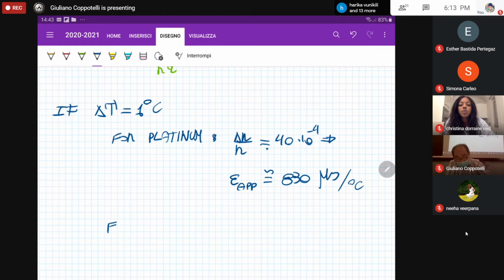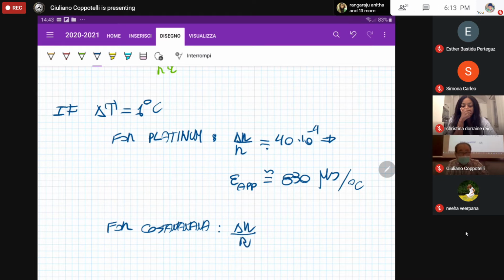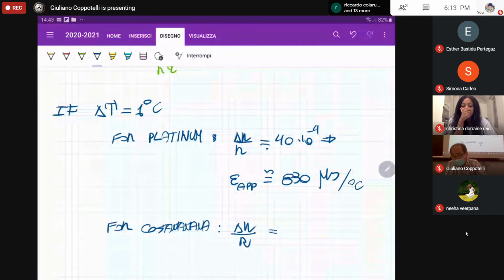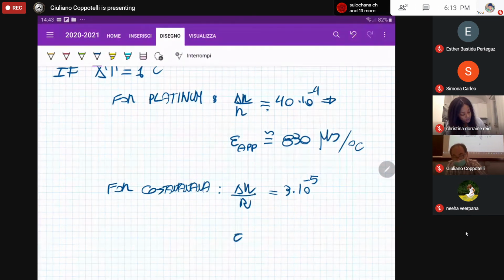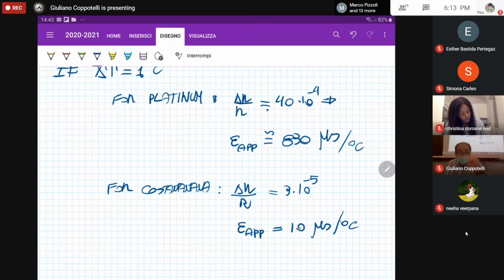For Costantana based strain gauges, for the same change of temperature of 1 degree with respect to the reference one, we are having that this is equal to 3 times 10 to negative 5. Thus the apparent strain, because of that, is equal to about 10 microstrain per unit degree Celsius.